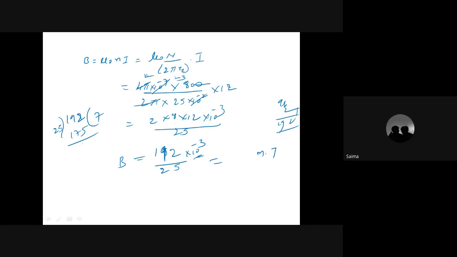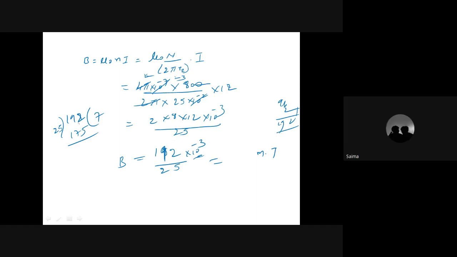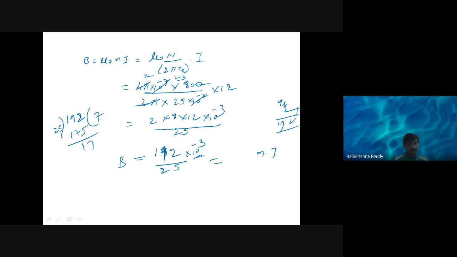The remainder left is 17. So 25 will not be a decimal, so we add a 0.